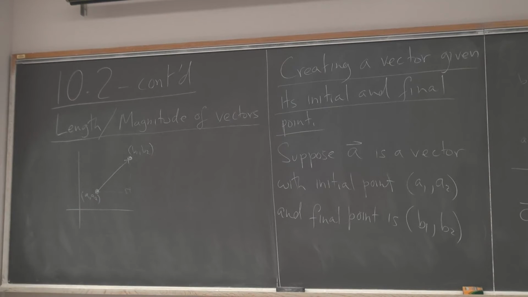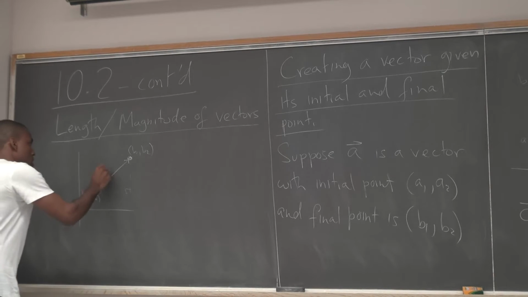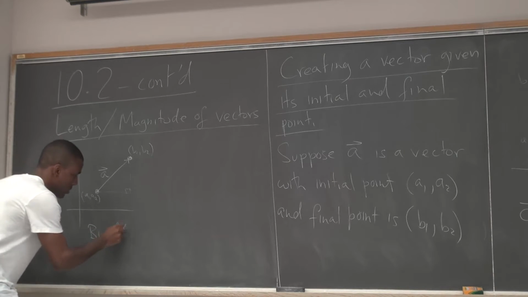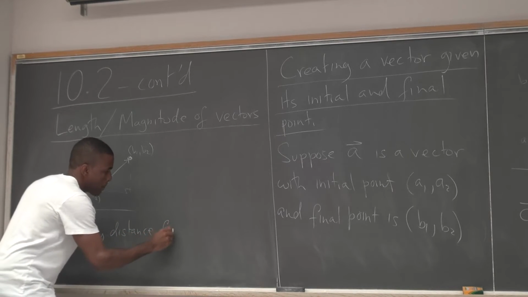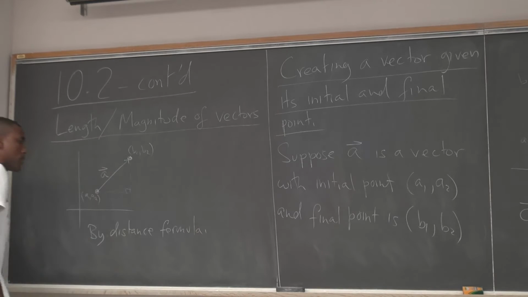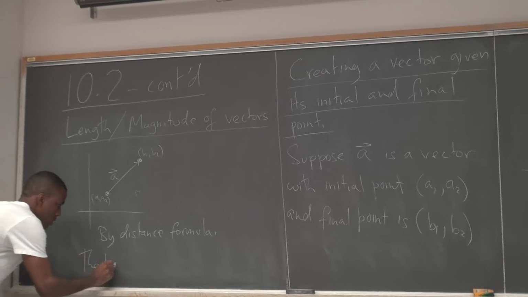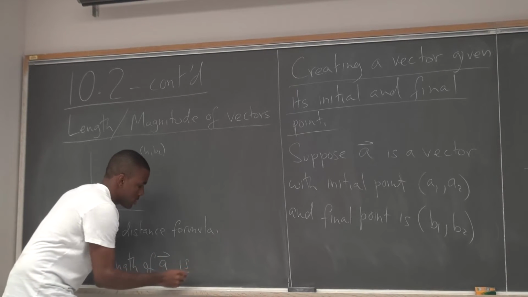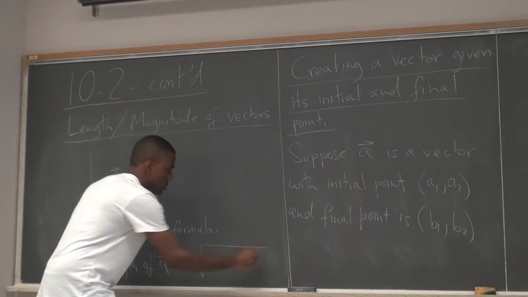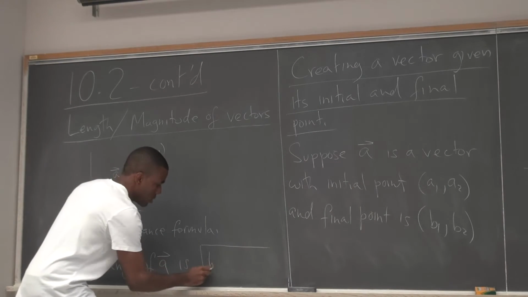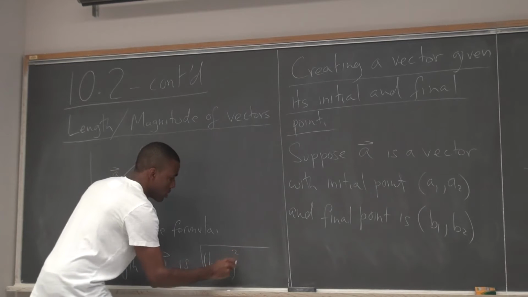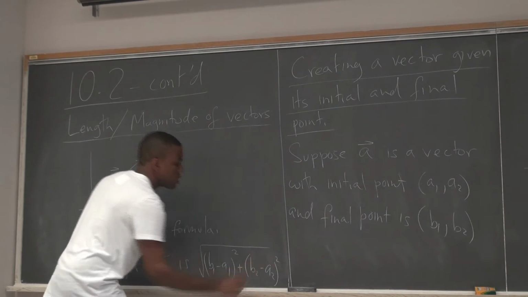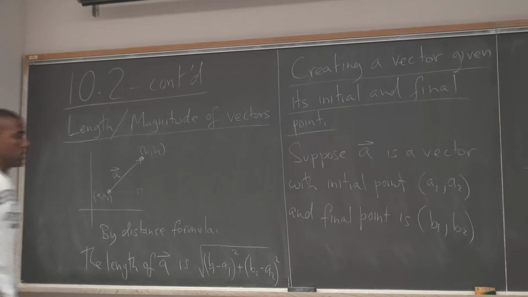So by distance formula, which happens by way of Pythagoras' theorem, the length of A is, just take the square root of B1 minus A1 squared plus B2 minus A2 squared. So you just use the distance formula.